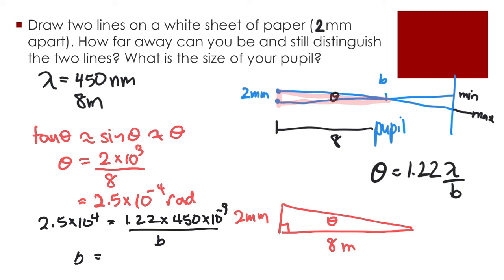Again, picking up my calculator and putting that in, I get 2.2 times 10 to the power minus 3. And if you look online, that's probably a small value for a pupil. Maybe it was bright out. Remember, I only did one significant figure when I measured my 8 meters.